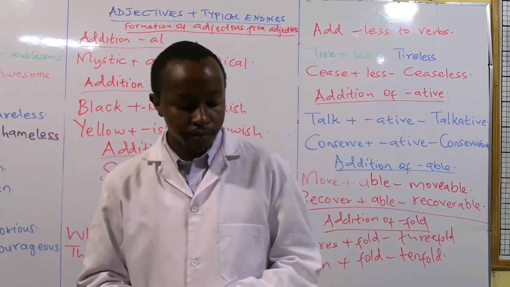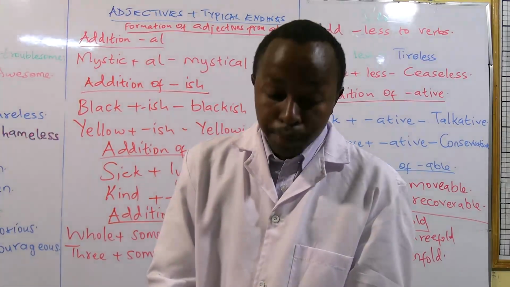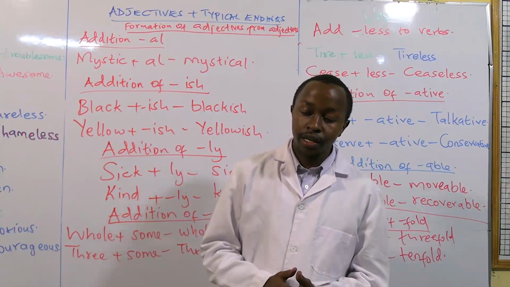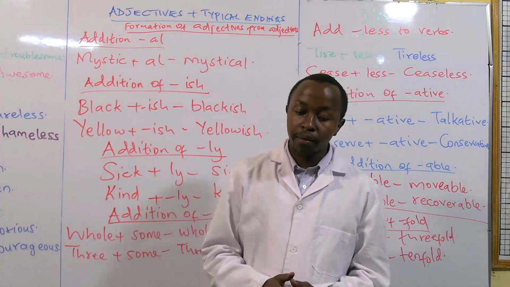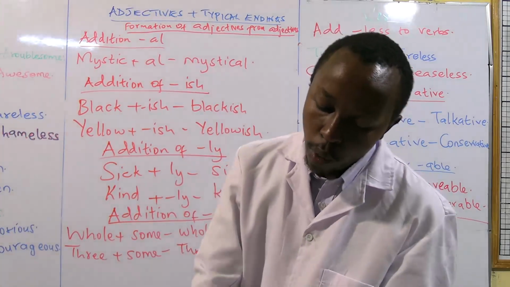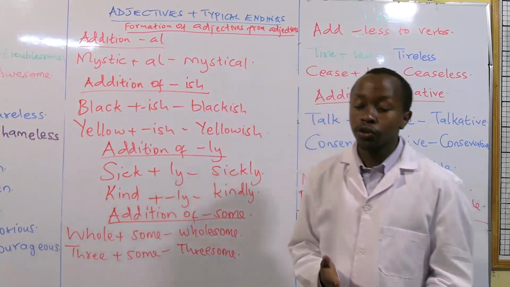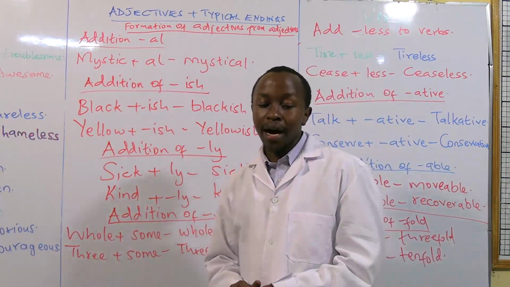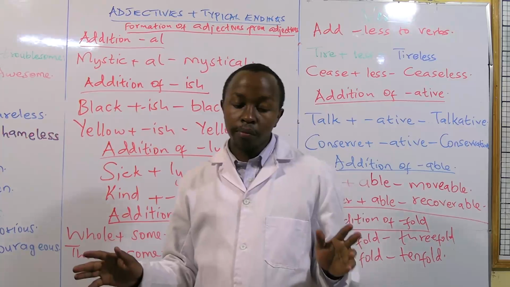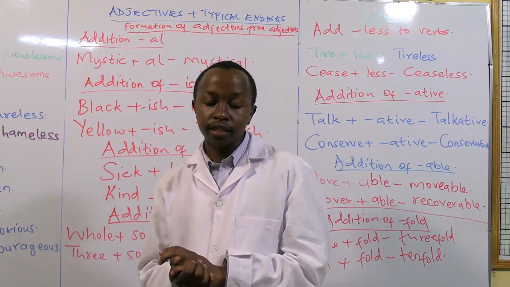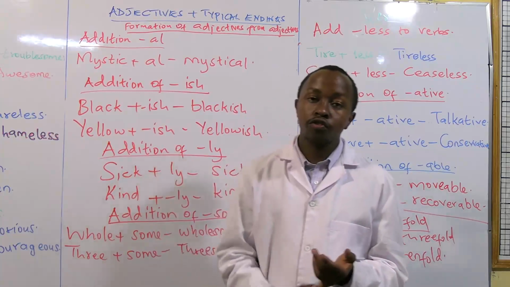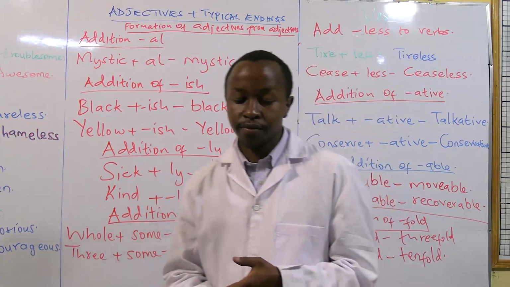Now, up to that extent, I want to give some assignments as I thank you for being my audience. I want you to form adjectives of your own choice from the following parts of speech: from nouns, from verbs, and from adjectives.